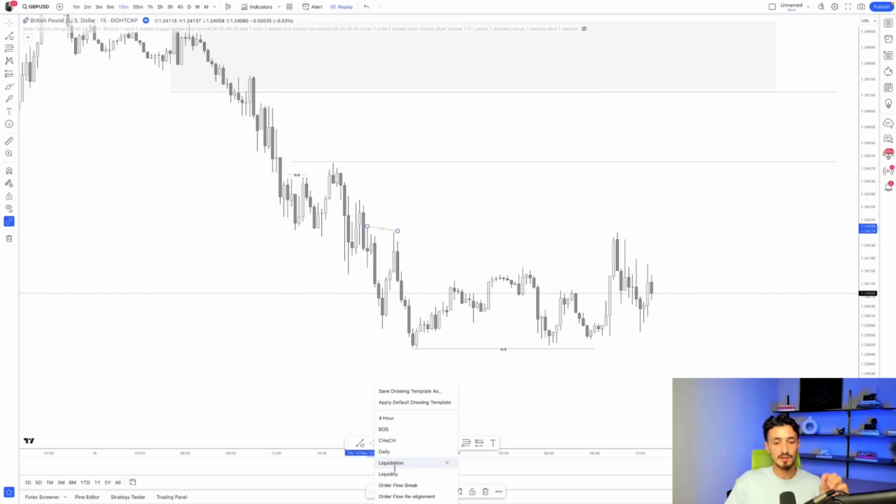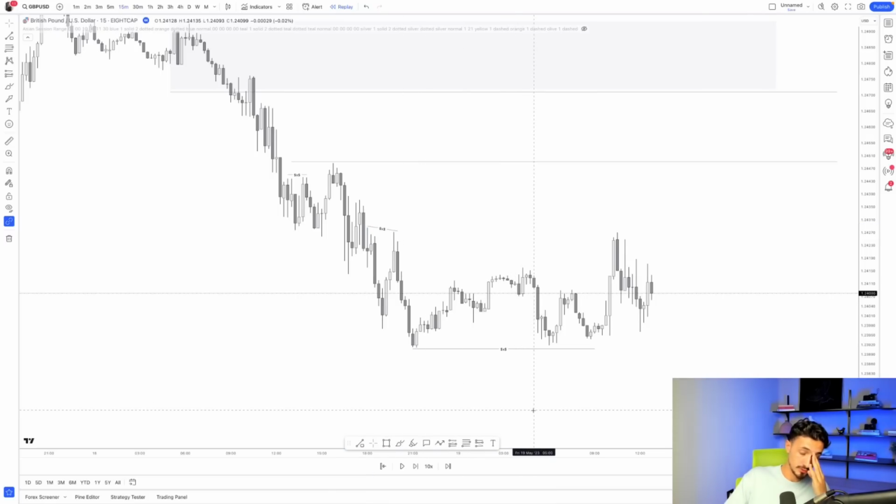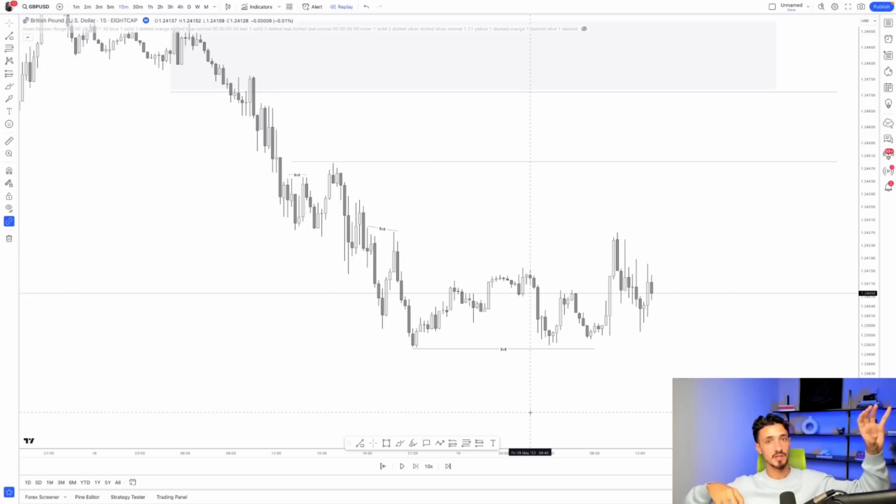Now, there's a very important concept I want you to grasp, and it's super important. This market operates algorithmically, meaning everything is logical. So it can't be subjective. The algorithm is designed to create liquidity. That doesn't mean that it has one rule for one time frame and another for another time frame.